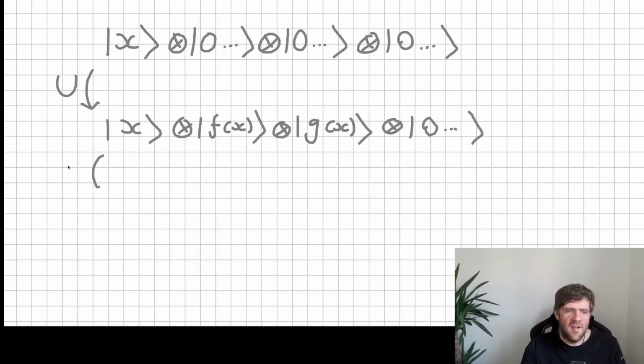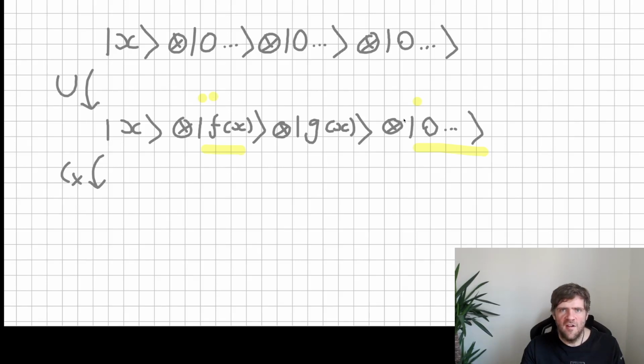Then we can apply a bunch of controlled NOTs to each of the qubits in this register and this register. So for the first qubit in this register, we apply a controlled NOT controlled on that and targeted to the first qubit in this register.